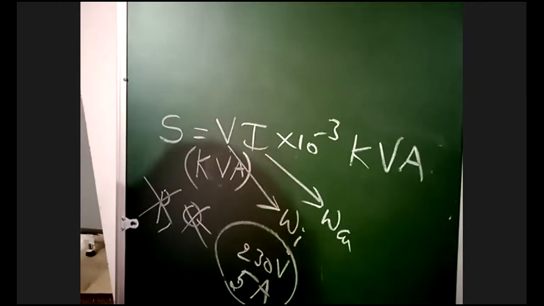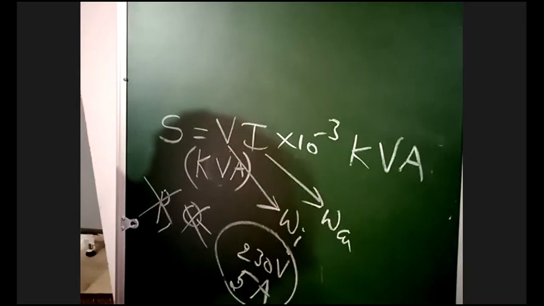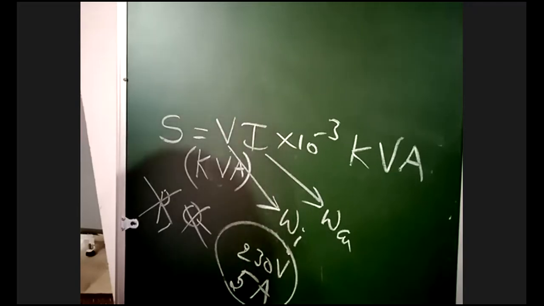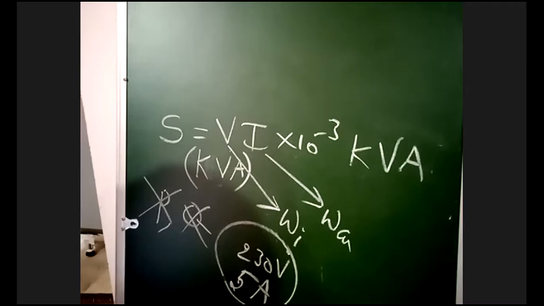Search in your textbook, they have given the clear definition. Write in your notes: see the textbook for the clear definition of transformer rating in kVA. Afterwards, at home, after completion of class, you can search in your textbook. I'll tell the page number if I find it. I'm not finding which page number it is.